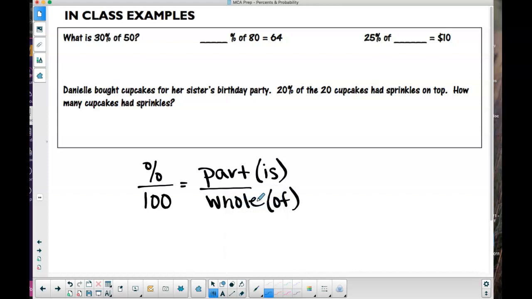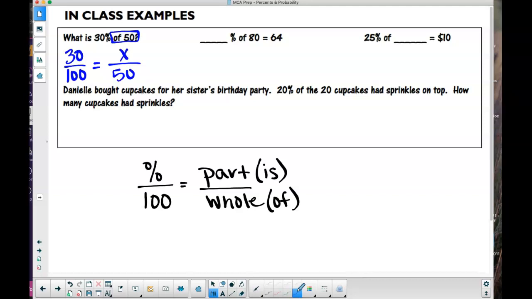Okay. So let's start with this first one. What is 30% of 50? We're just going to set up the proportion. The percent always goes over 100. Do we know the percent? Yeah, it's 30 over 100. Where should I put the 50, on the top or the bottom? Bottom, because it says of 50.